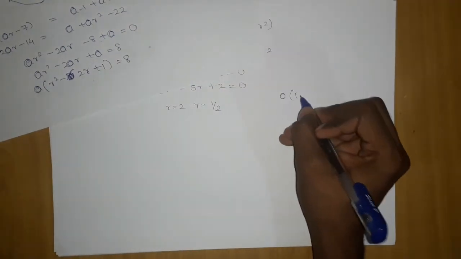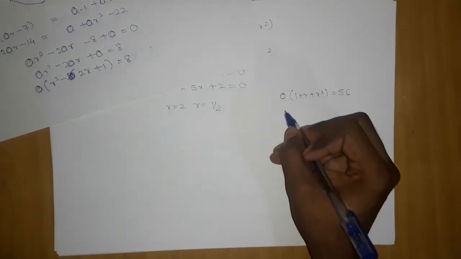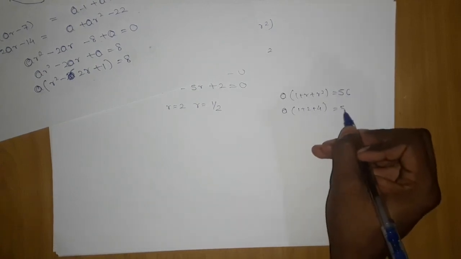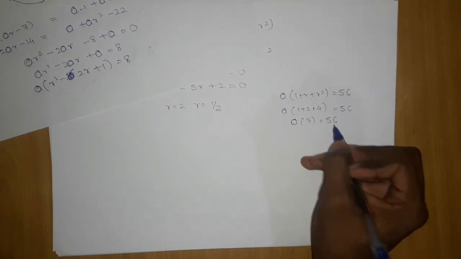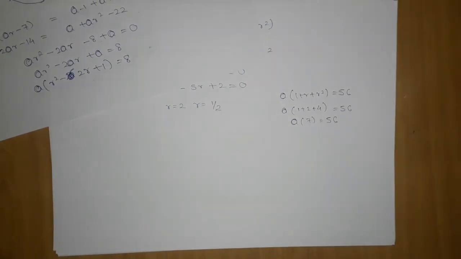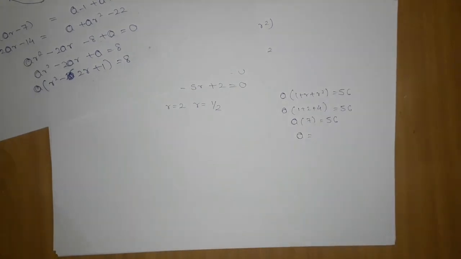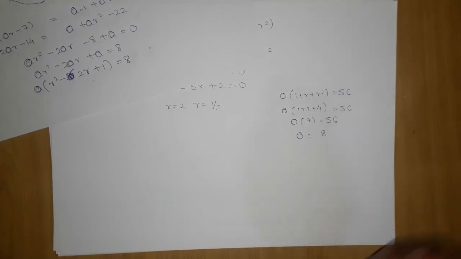a is nothing but 56 upon 1 plus r plus r square. If I substitute r as 2, 1 plus 2 plus 4 is 7, and 56 divided by 7, so we are getting a is equal to 8.